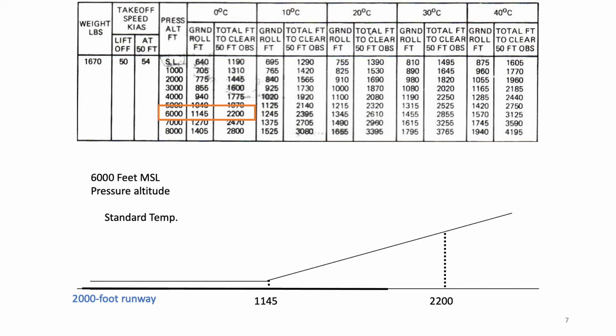And when that happens, it doesn't mean that you've got great performance. It just means that you get the performance that you might expect at 6,000 feet above sea level, which is not very good. Here it's going to take us 1,145 feet just to get off the ground, and then 2,200 feet just to clear a little 50-foot obstacle.